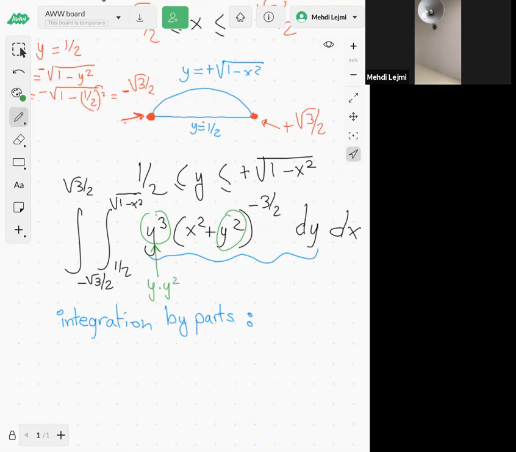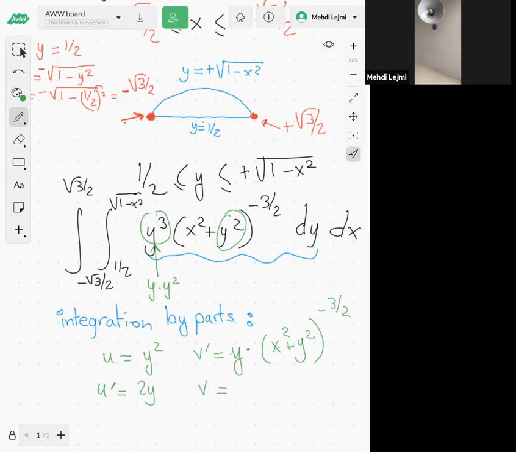So what I'm saying here, guys, is that you can say u is equal to y squared, and v prime is equal to y times (x squared plus y squared) to the power negative 3/2. u is y squared, so u prime, of course we are integrating with respect to y, we don't really care about x. x is just a constant. So the derivative of y squared is 2y.